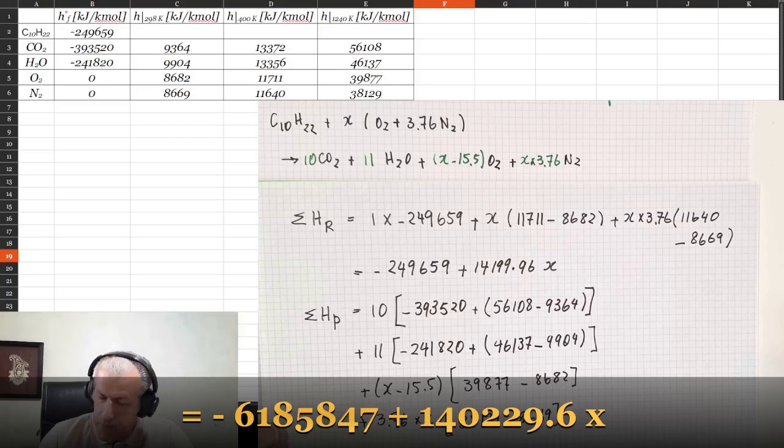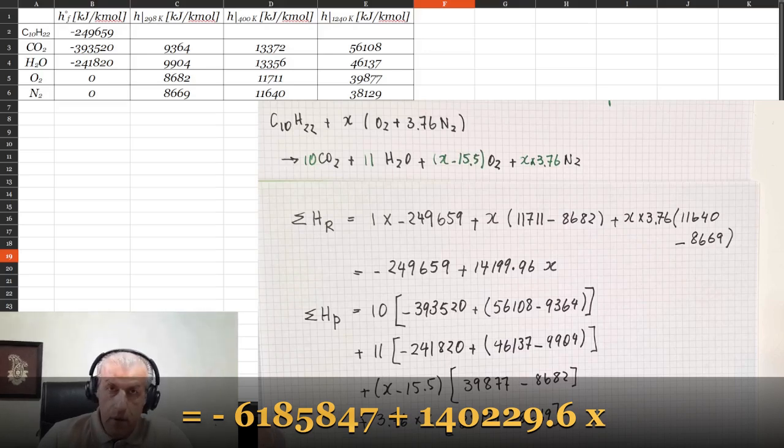minus 6,185,847 plus 140,229.6 times X. These are the enthalpies of the products.